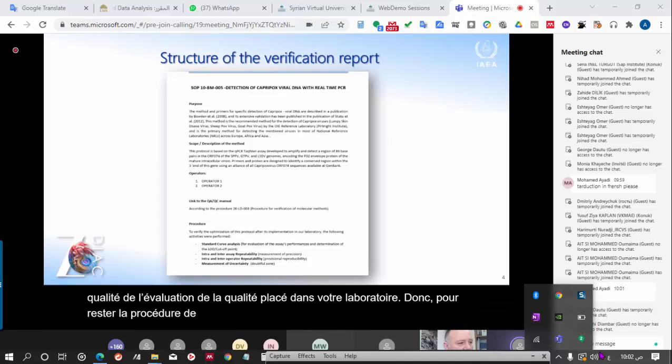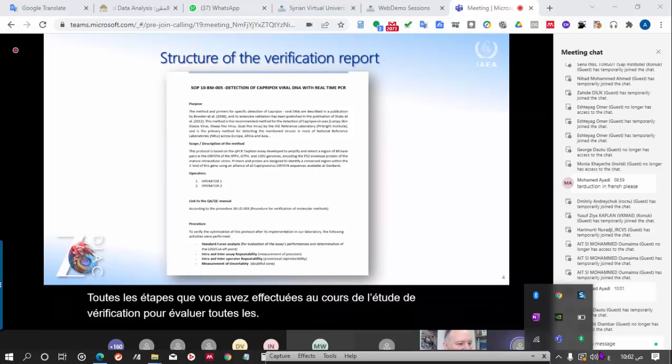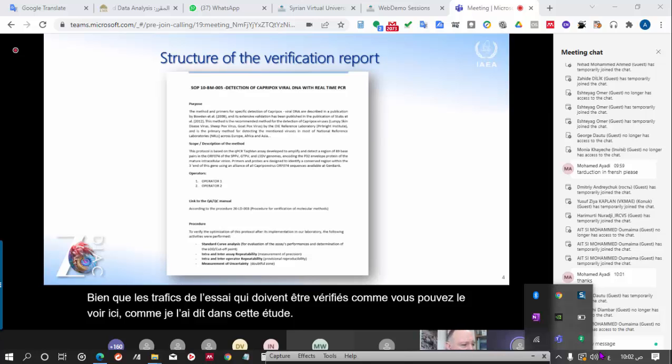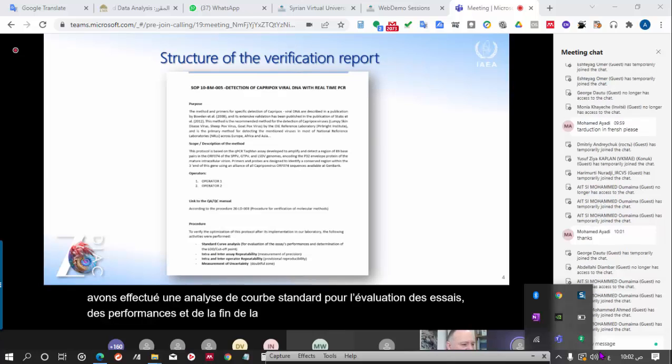So, to state the procedure for verification, you should continue by explaining the procedure, so actually all the steps that you have performed during the verification study to assess all the characteristics of the assay that need to be verified. As you can see here, in the verification study that we performed with the partner laboratory, we performed standard curve analysis for evaluation of assay performance and determination of the limit of detection or the cutoff point.